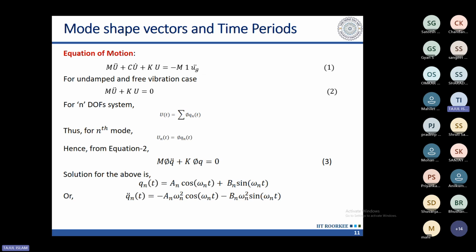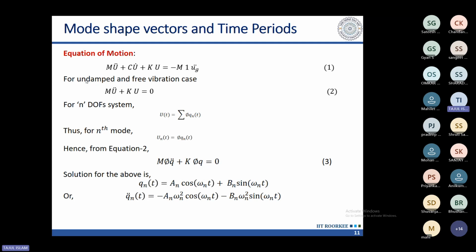Ground acceleration multiplied by the mass of your structure will give you the earthquake force. So this is the applied force. It can be any quantity, but here we are representing it in terms of earthquake force. Then on the other side, you have the resisting force. You have the mass matrix into acceleration, then the damping matrix into velocity, then the stiffness matrix into deformation. So these are the internal parameters, the structural properties.